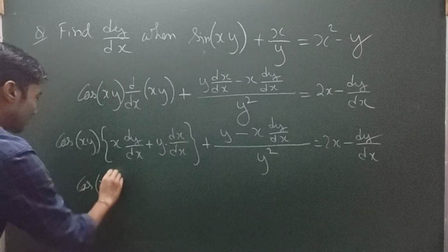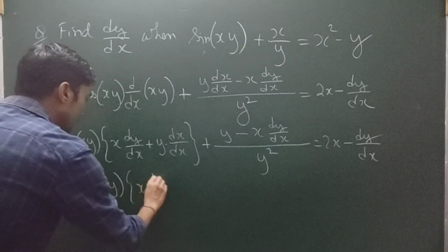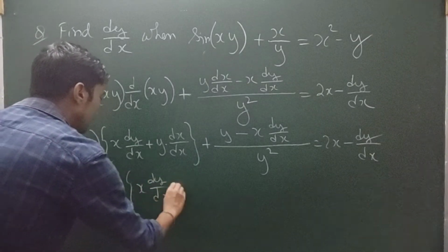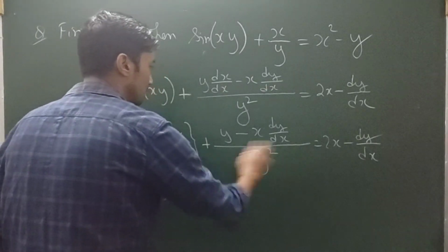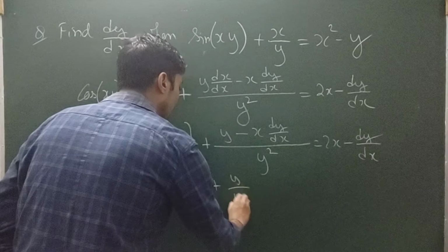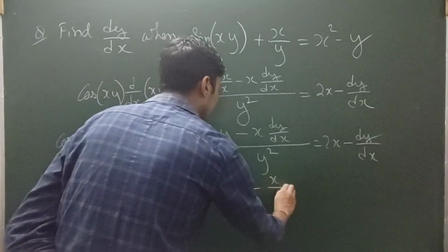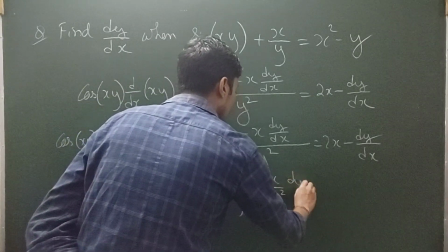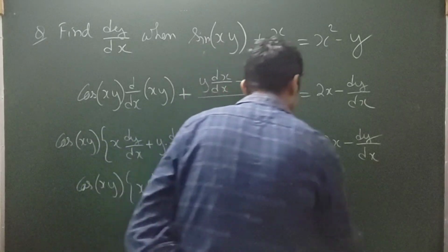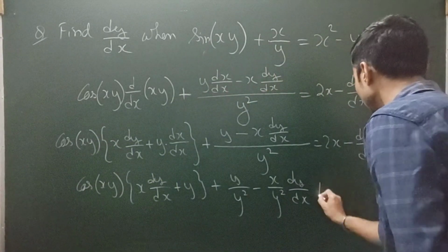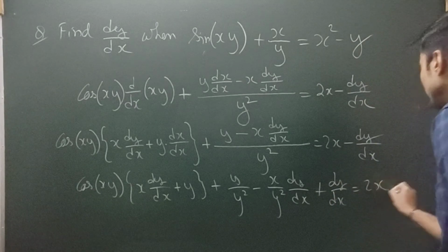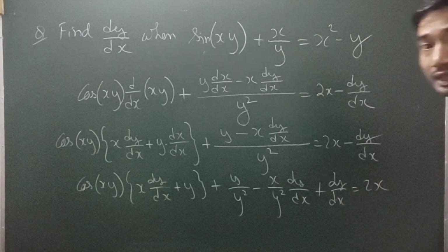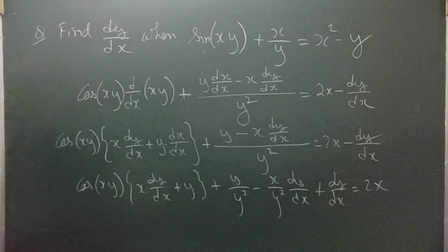Cos of xy, x into dy by dx, this is y, plus, okay, I'm just going to separate them now. y by y square minus x by y square dy by dx is equal to, I'm going to bring this here, plus dy by dx is equal to, because I'm going to be solving for dy by dx, I have to find that now, dy by dx.